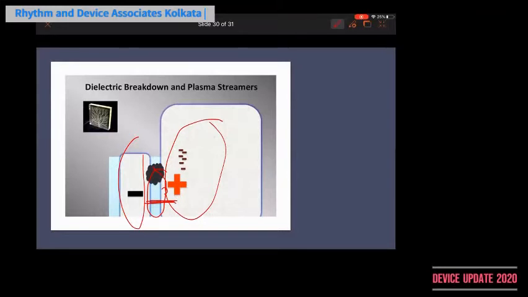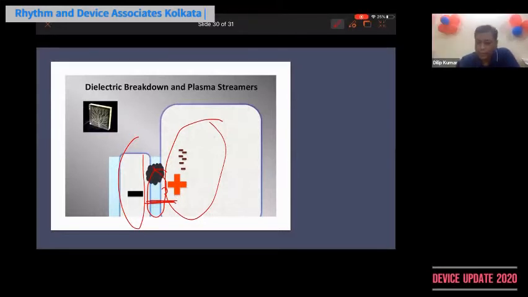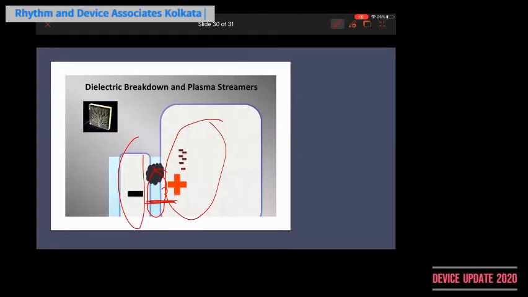Great. So I think, Dr. Suchit, in the case which you showed about the T-wave oversensing, there comes the issue of having a very good R wave in patients with an ICD. Yeah, that's correct. If you have no space between the R and the T, this has to be replaced.